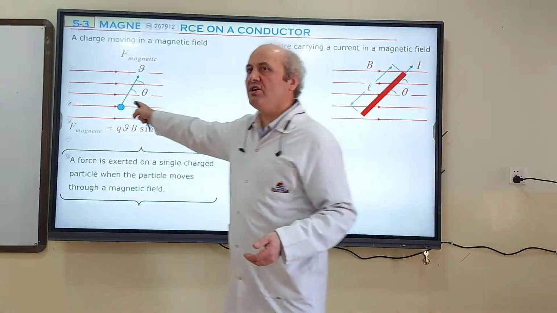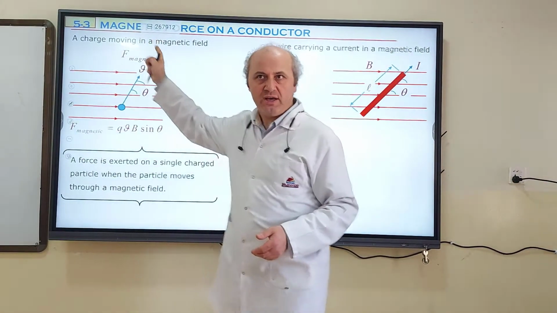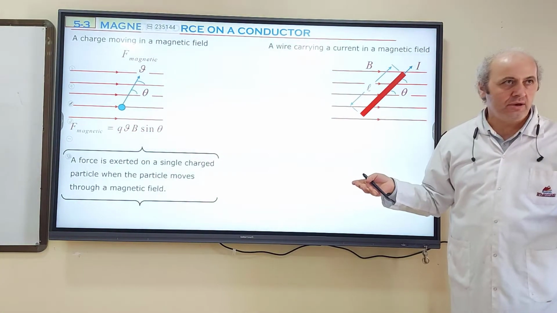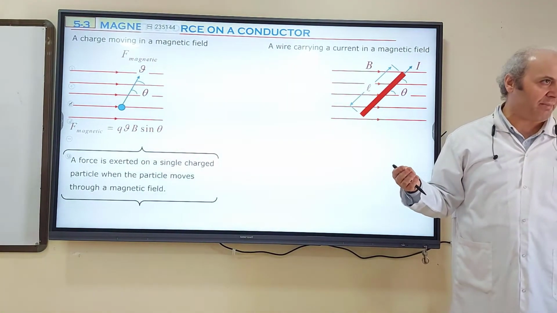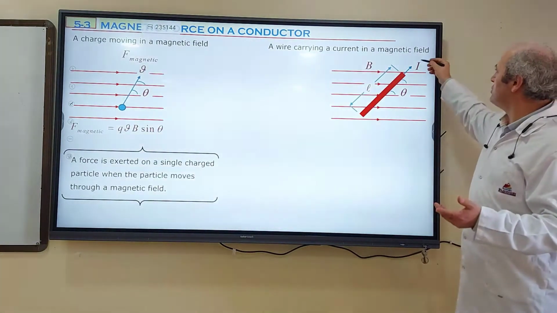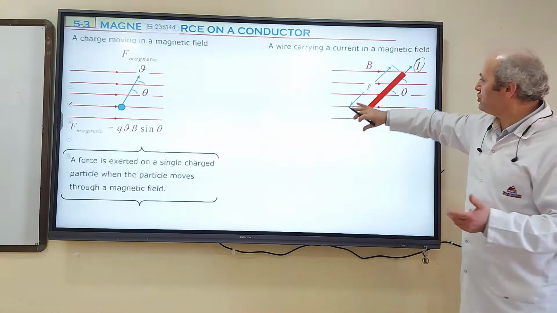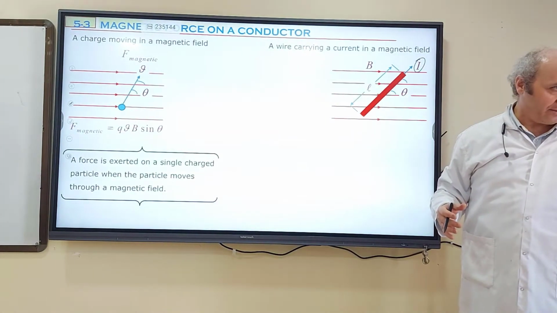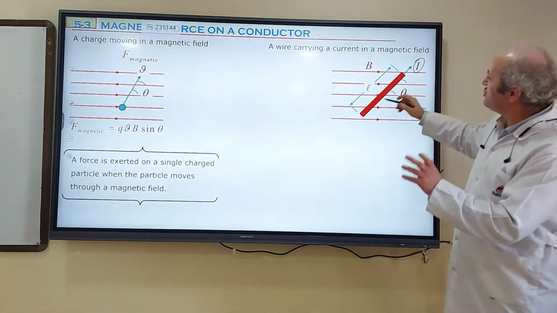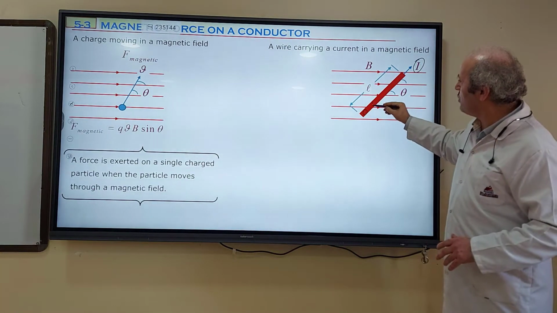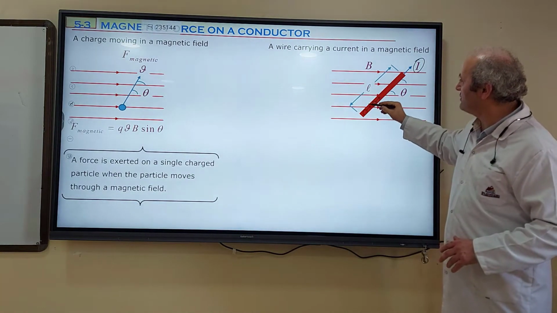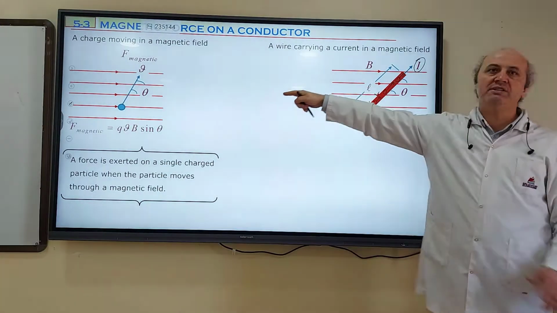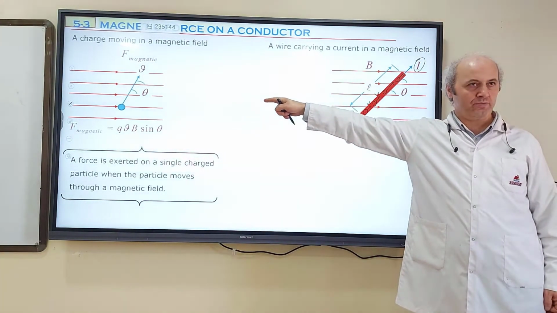Here, a single charge is moving inside the magnetic field, but in a wire, thousands of charges, maybe billions of charges, are moving inside the magnetic field, because electric current is the motion of thousands of charges through the wire. So while these charges are moving in this wire with some speed, of course they must experience a magnetic force just like a single charge.